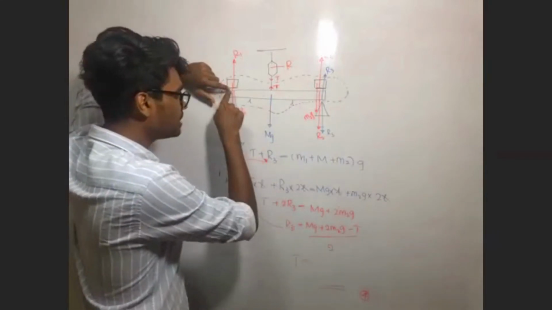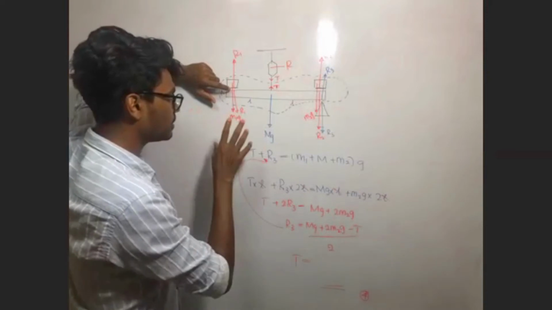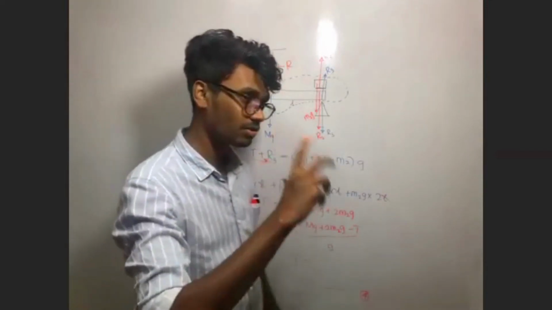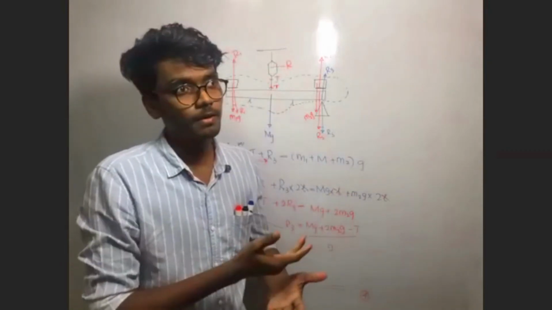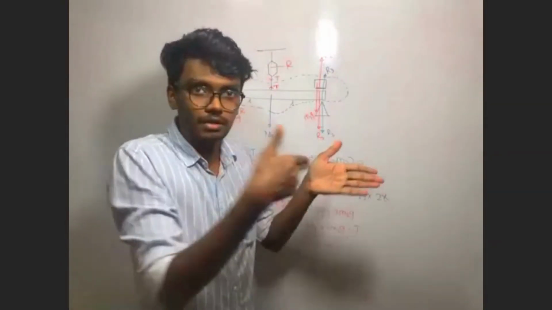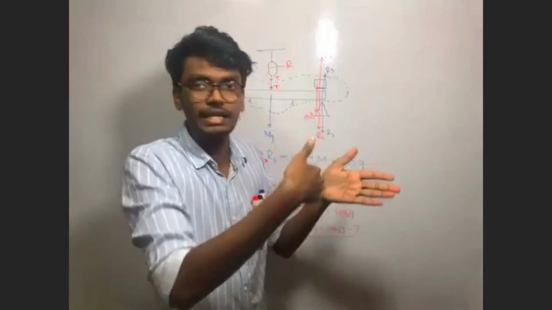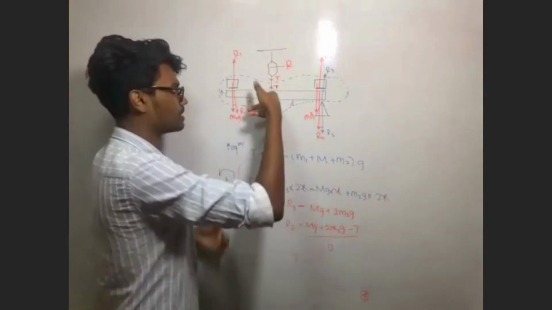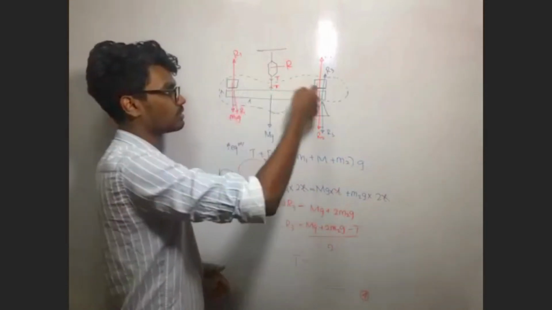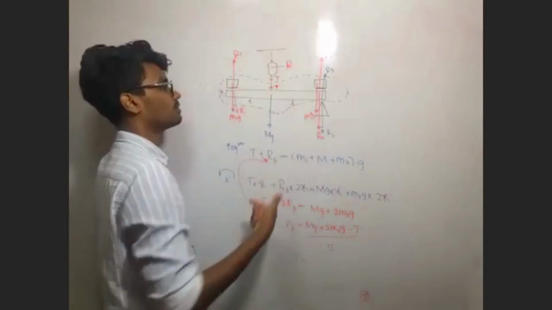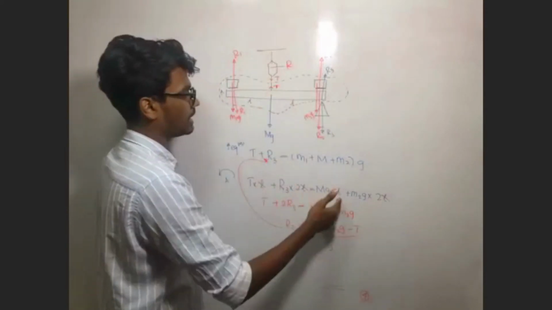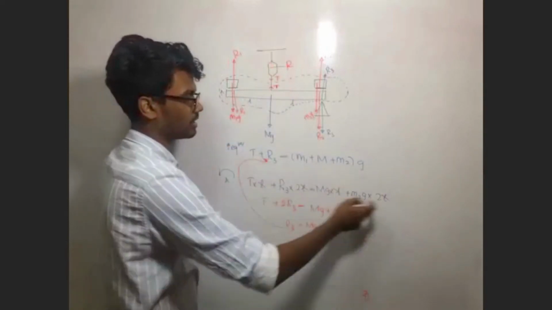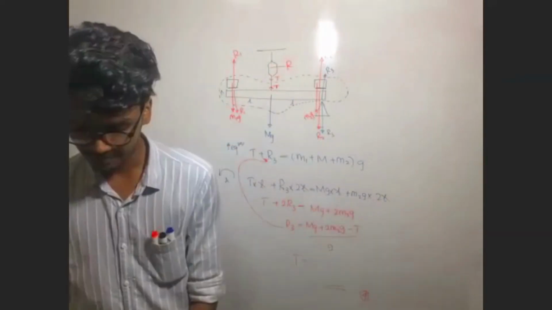So when I apply the moment around A, you need to understand R1 and M1G are not going to create a moment because they are going through the point around which I take the moment. Therefore, tension is going to create an anti-clockwise moment and R3 is going to create an anti-clockwise moment. And M2G clockwise moment and capital MG clockwise moment. So therefore, I subjected R3.